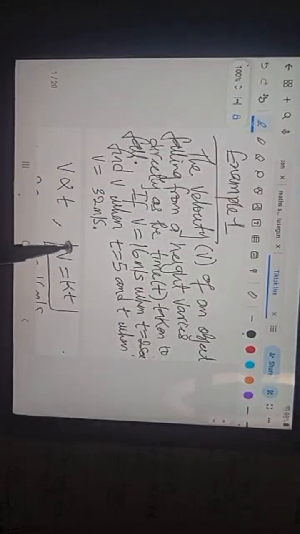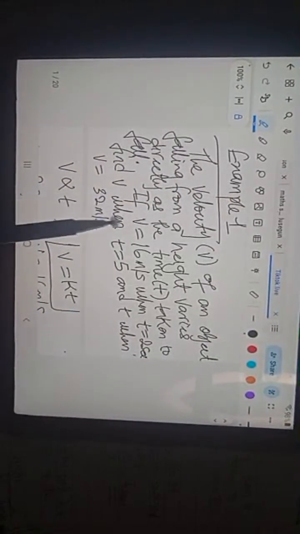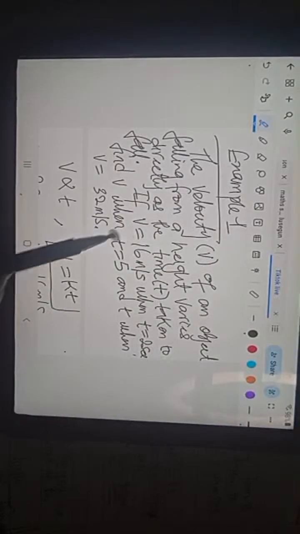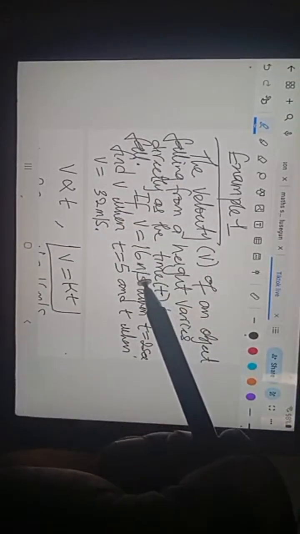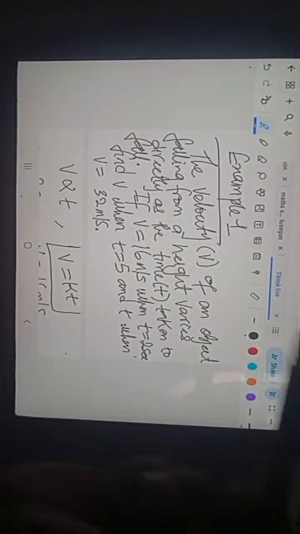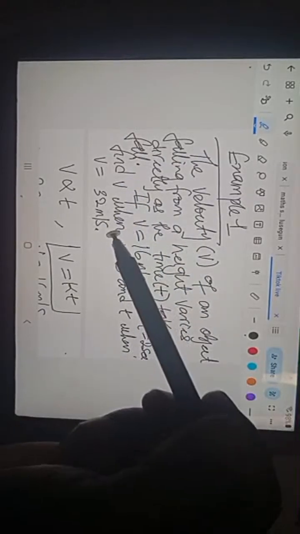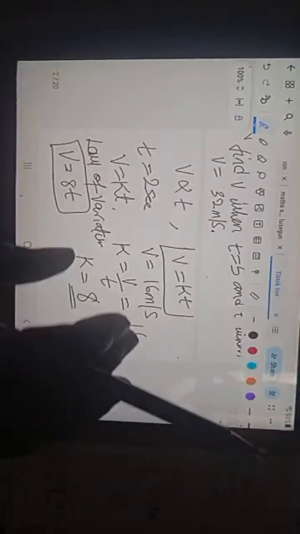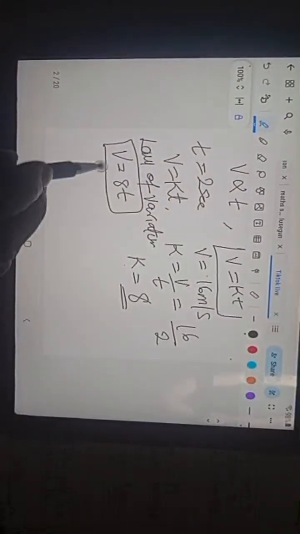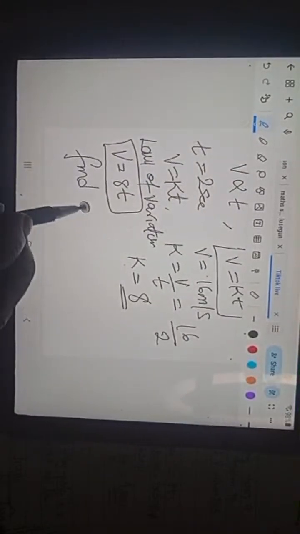So question 1 says that we have been given v equal to 16 meters per second when t is equal to 2 seconds. So find v when t is equal to 5.